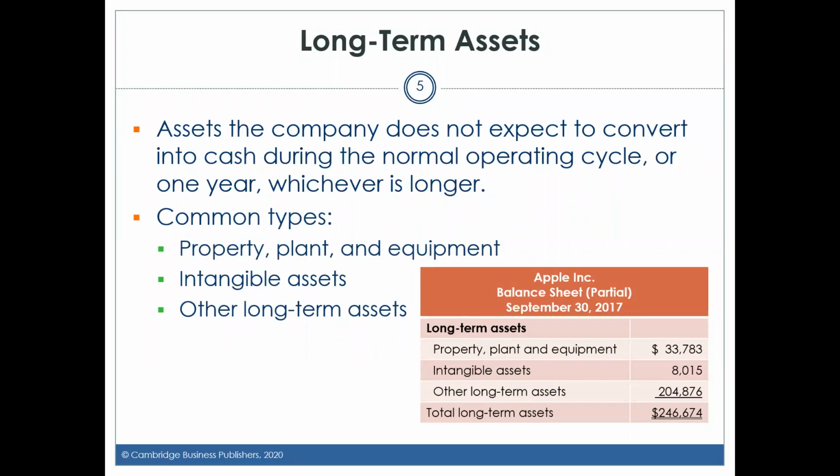So long-term assets, these are assets that a company does not expect to convert into cash within a year. Examples are PP&E, property, plant, and equipment, intangible assets, and other long-term assets, like maybe some long-term investments.